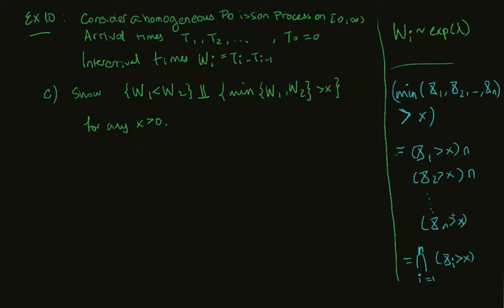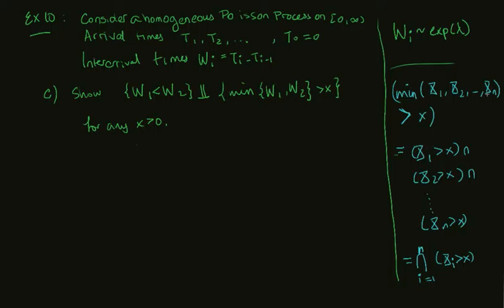So the event that the minimum of n stochastic variables is greater than some value is just the same as the intersection of each of them being greater than that value. And we will use this again and again, not just in this course, but also in advanced probability courses.